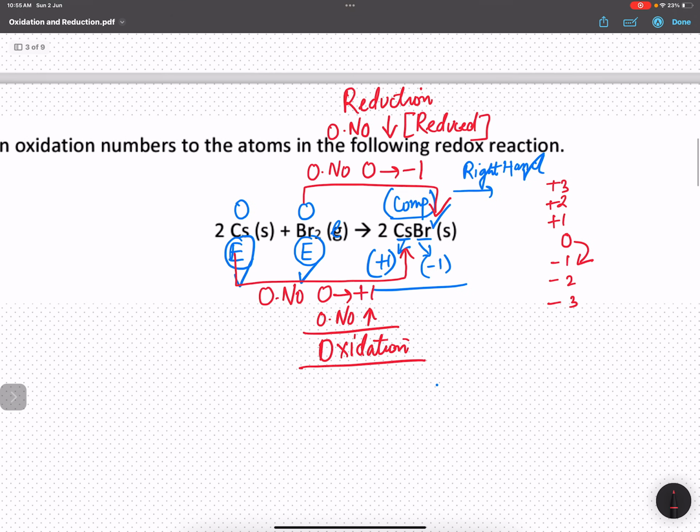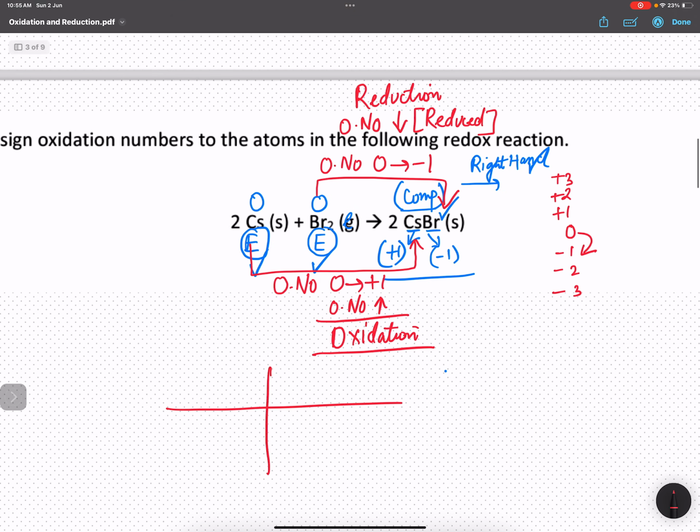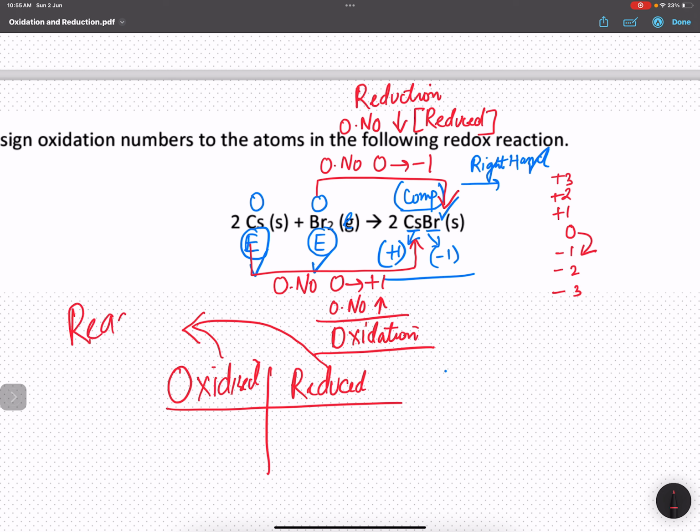So if you are being asked who is being oxidized or who is being reduced, you have to identify these species from the reactants side. Oxidized is cesium.